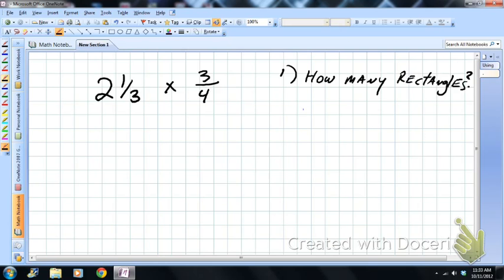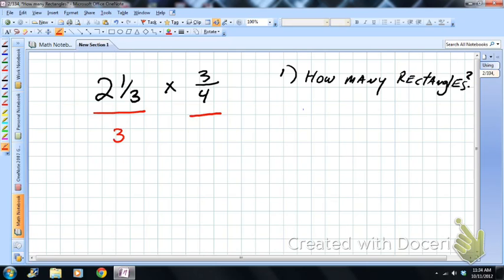Let's look at this first fraction, 2 1/3, and let's think about the next whole number that's larger than 2 1/3. The next whole number that's larger than 2 1/3 is the whole number 3. And if I look at this fraction, 3/4, this is a proper fraction, not quite a whole.